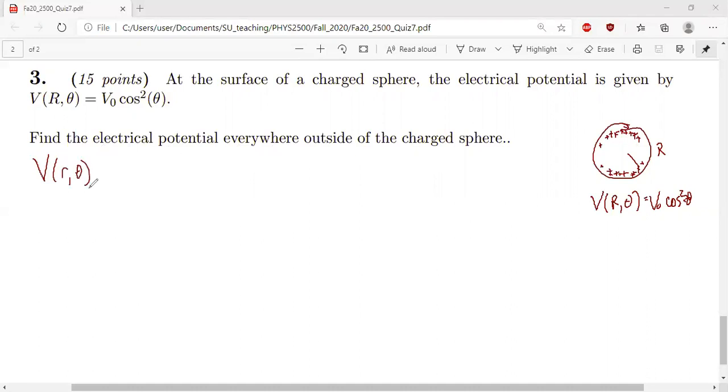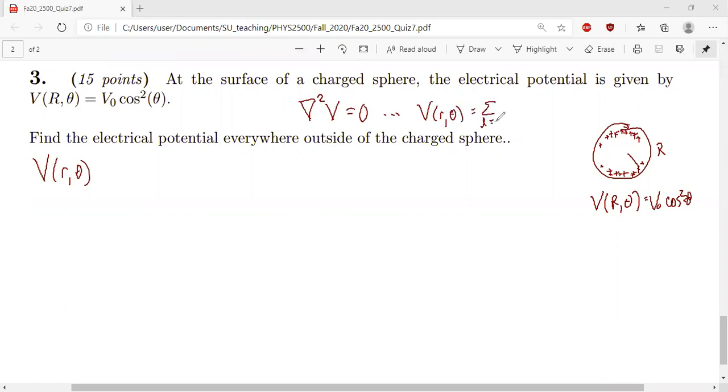Okay. So we know two things. We know that at the surface it's given to us, and we also know that in general this is the way to solve Laplace's equation. So outside means we've got no charge. This is the way to solve Laplace's equation in spherical polar coordinates. You just say, well, I know that this is equal to a sum over a multipole expansion.